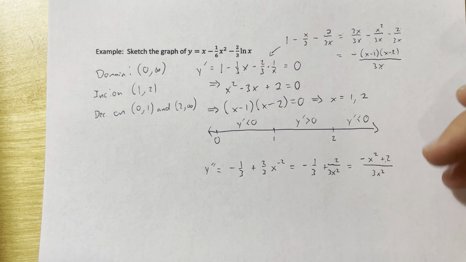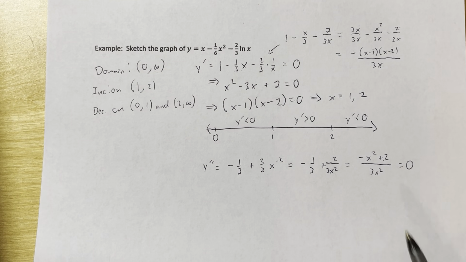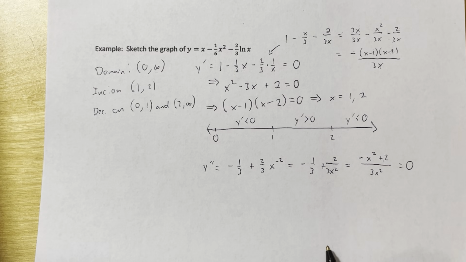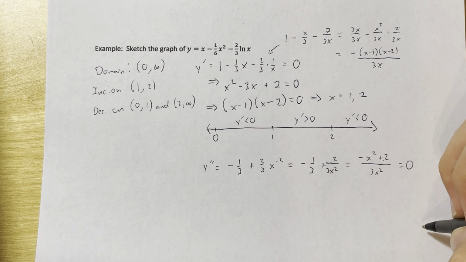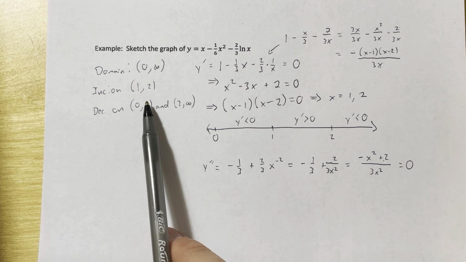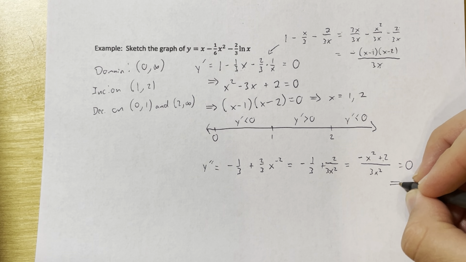If I set that equal to 0, that's the same as this numerator equaling 0, which is the same thing as saying x squared equals 2, so x is equal to plus or minus root 2. However, negative root 2 is not in the domain of this function, so we only need the positive root 2.